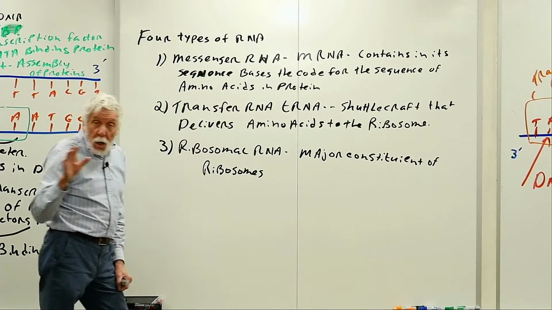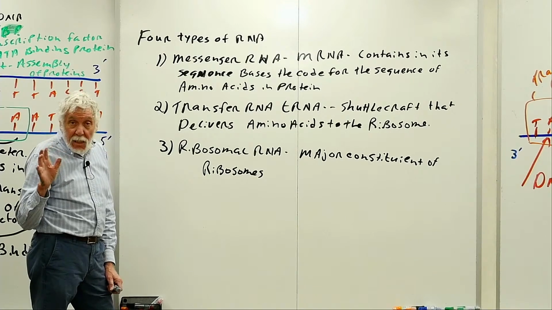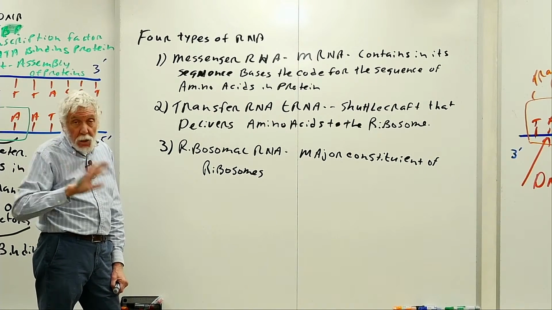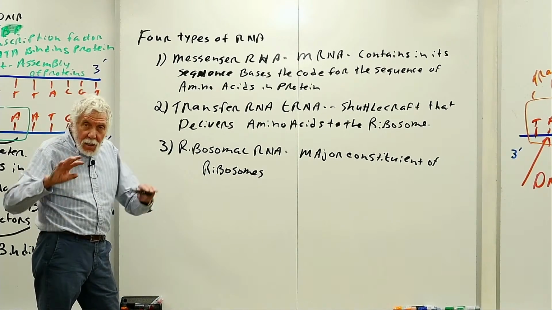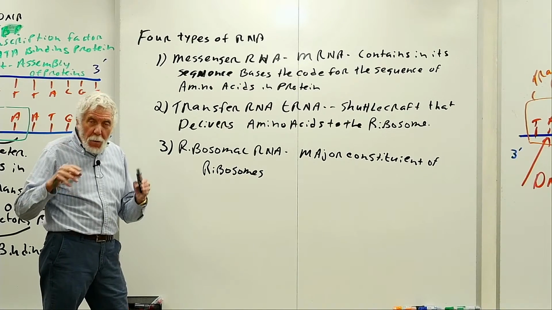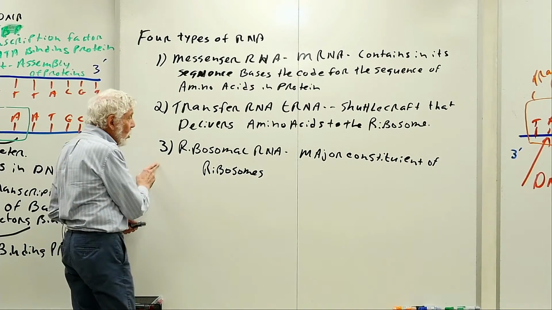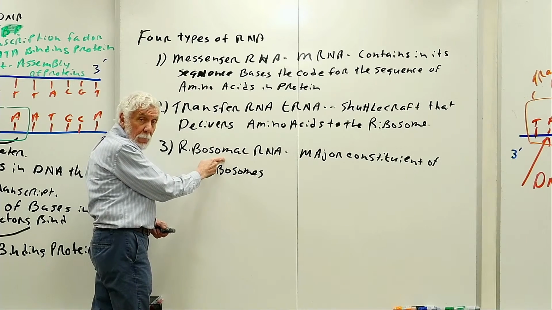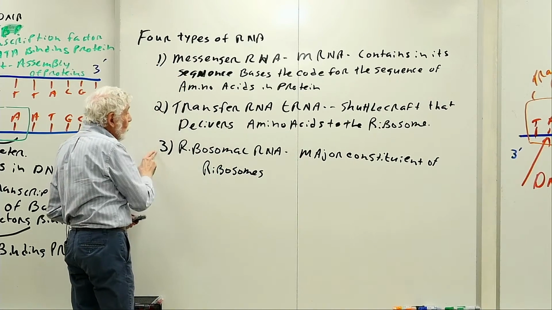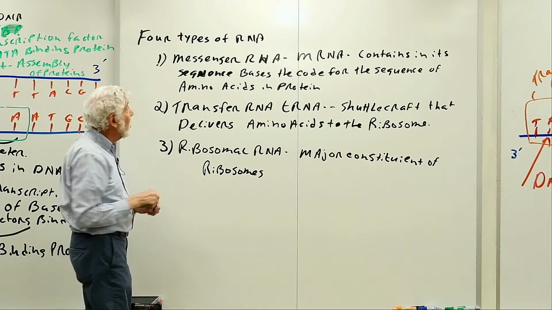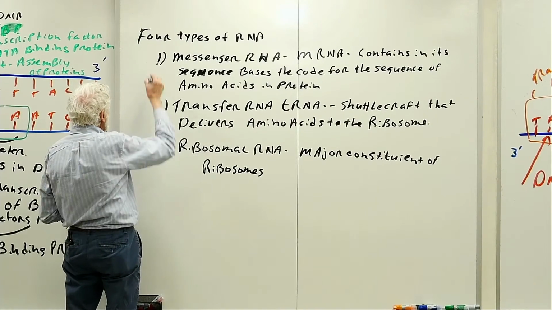It turns out that these ribosomes are not entirely made of RNA. They contain about 70 different proteins, and without those proteins they can't function. But the primary component, the major component of ribosomes is ribosomal RNA. We're going to see that these three are going to work in concert for protein synthesis.